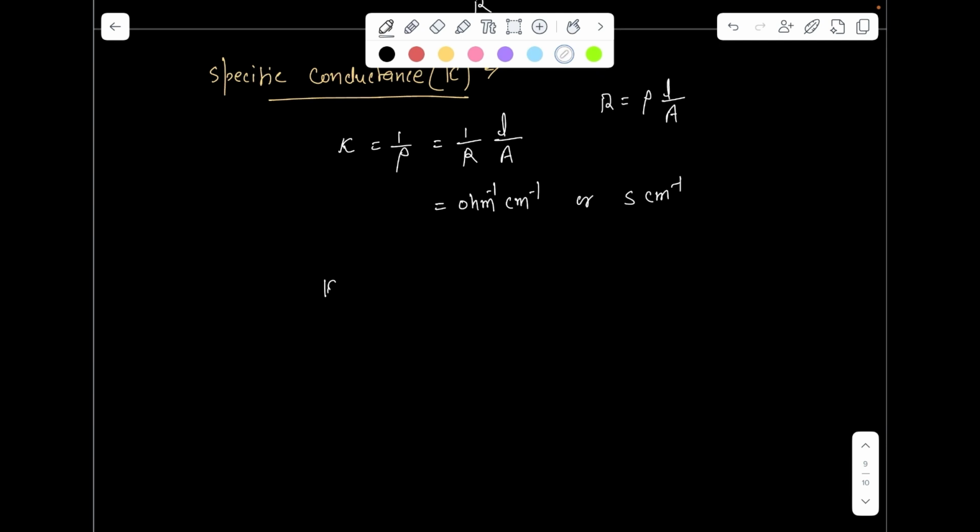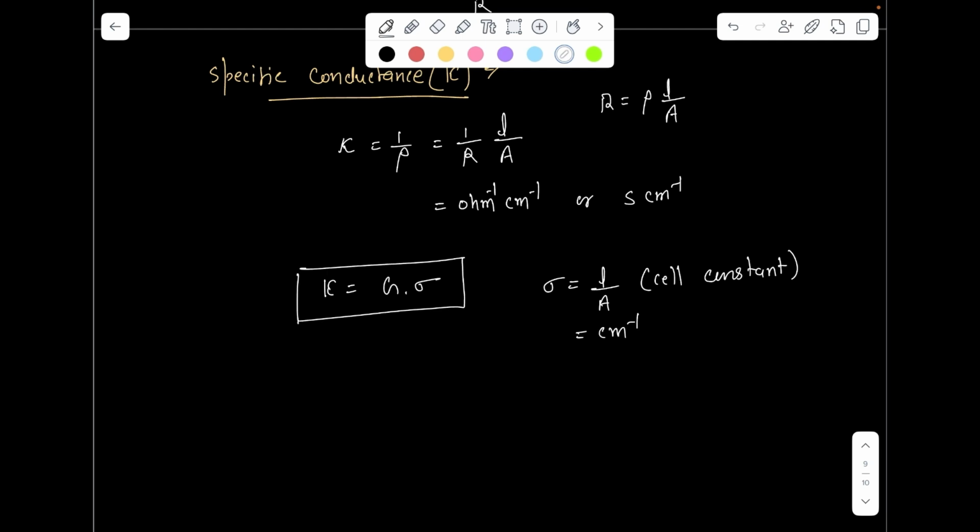So kappa is equal to 1 upon R, the conductance, times L by A, which is named the cell constant. Unit is centimeter inverse or maybe meter inverse. Specific conductance or conductivity we will consider as the same terminology.